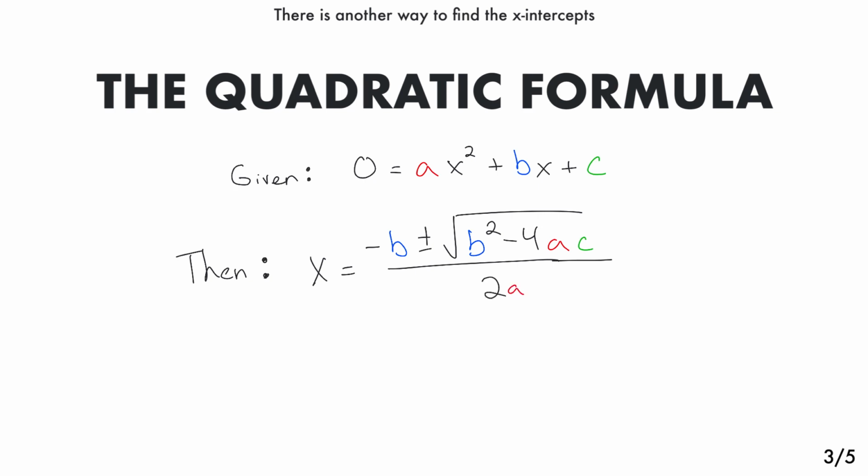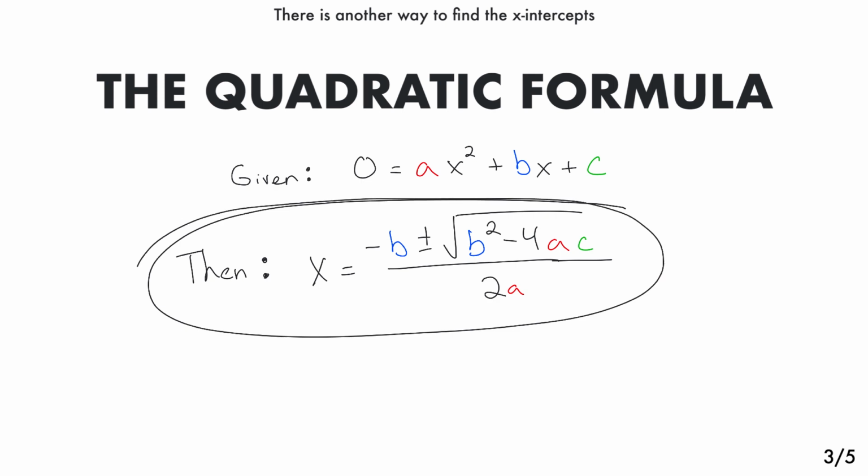That's the formula that you all need to have memorized. So this is our quadratic formula. It is incredibly important to mathematics going forward. This shows up a decent amount.